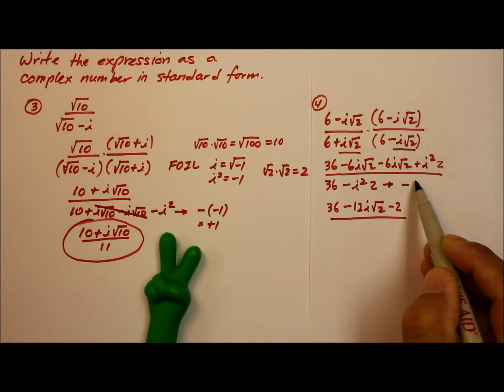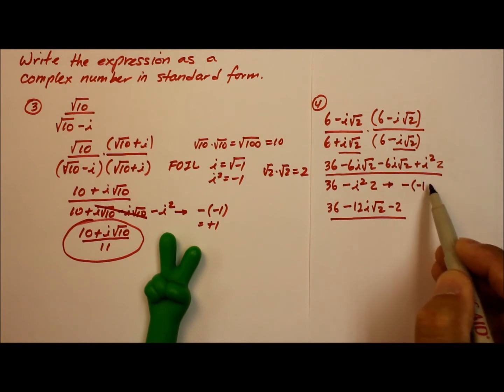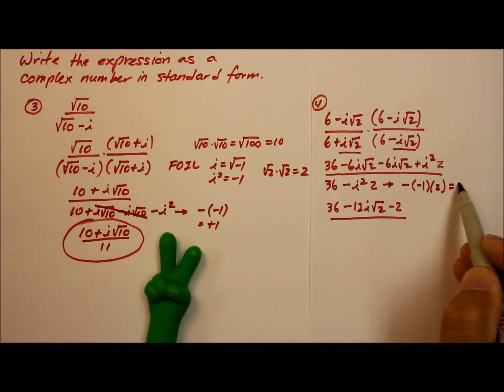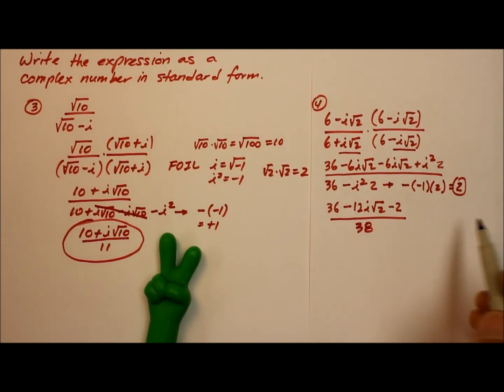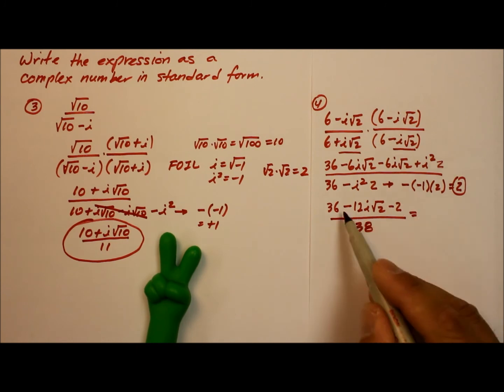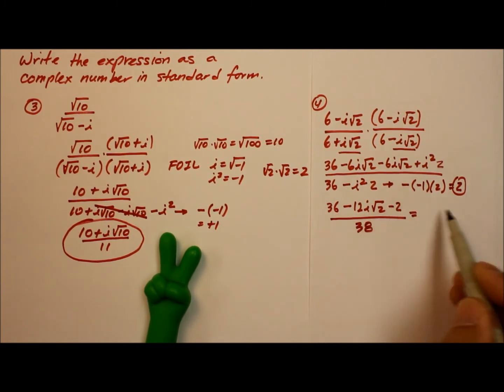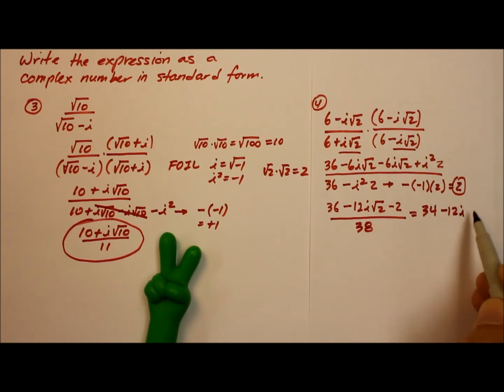So it becomes negative times negative 1 times 2. So it becomes just 2. So 36 plus the 2 now, which is 38. Okay, so when I combine the top even further, what we end up with is 36 minus the 2, so it's 34 minus 12i square root of 2 over 38.